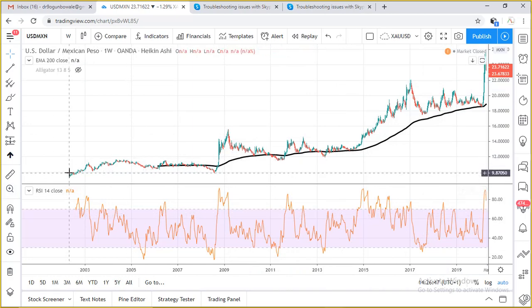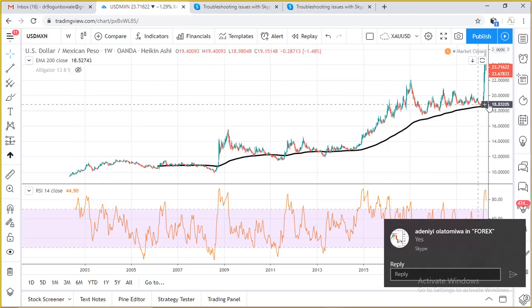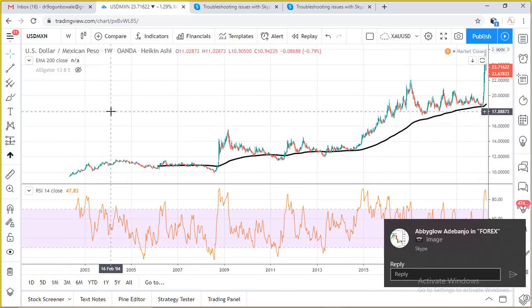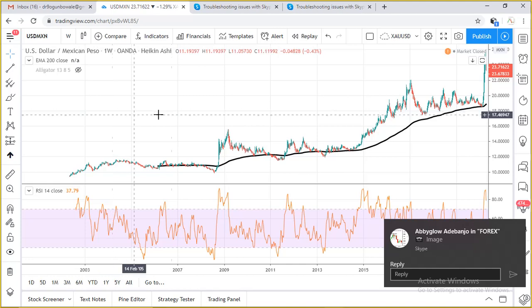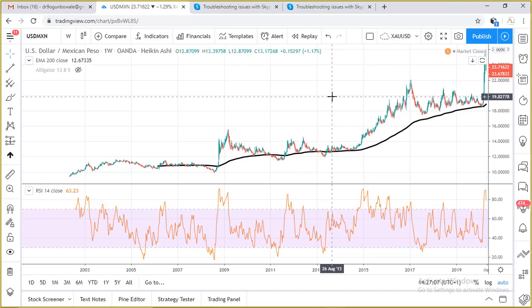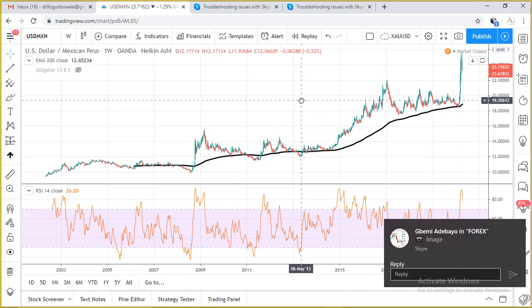It started from here, around May 2002 till date. This particular currency is USD MXN, so that's the currency that I have here. Of course, for the purpose of training I'm using these, but I will still be going back to my analysis.